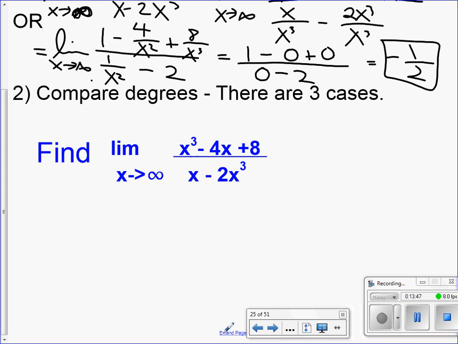If the degrees of the numerator and denominator are equal, then the limit will equal the ratio of the leading coefficients. The leading coefficient up here is 1. The leading coefficient down here is -2, because it's the coefficient of the highest power term. So we just get 1 over -2. Same answer that we got before.